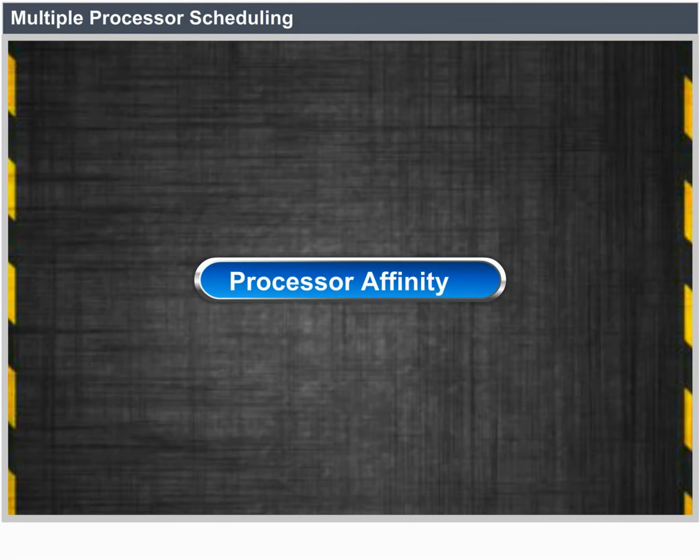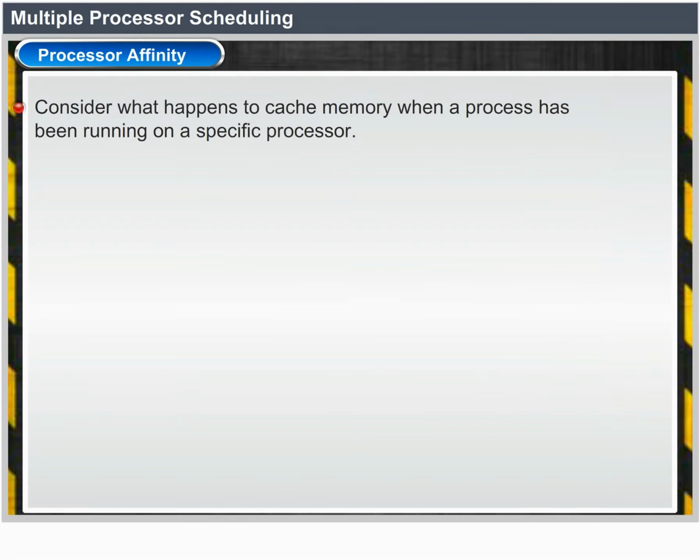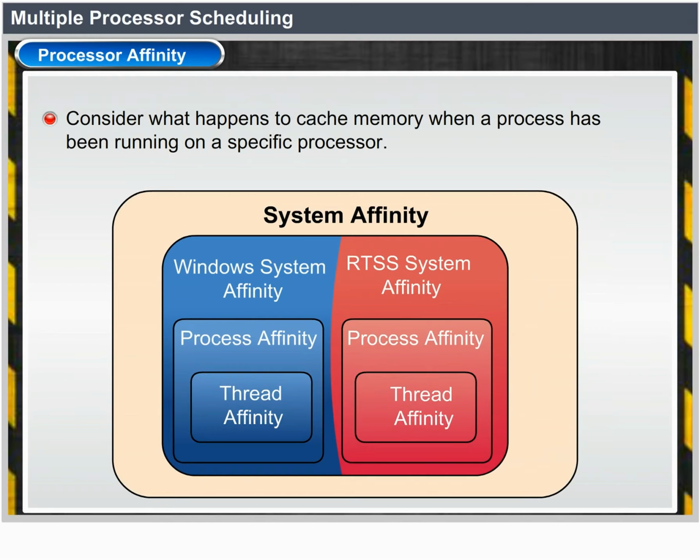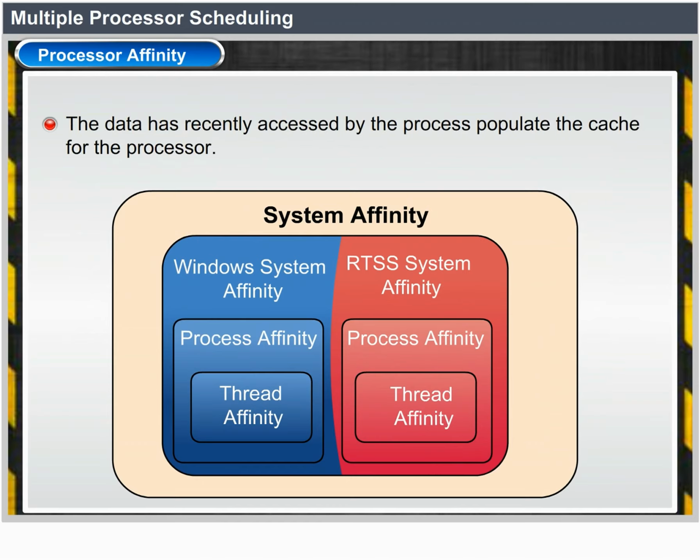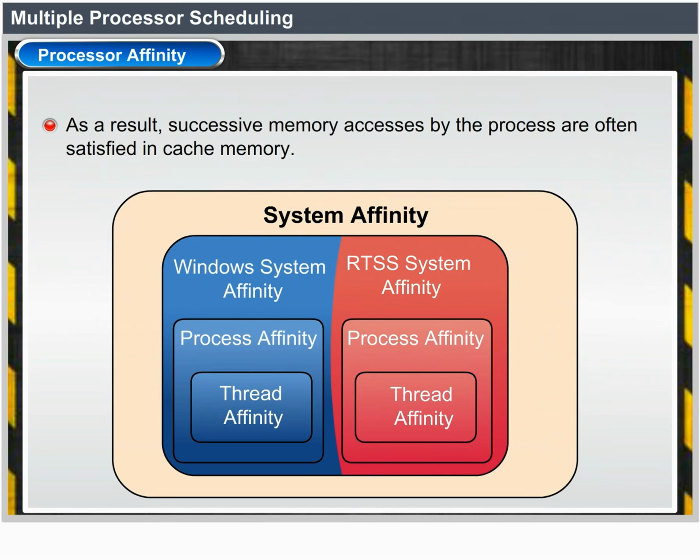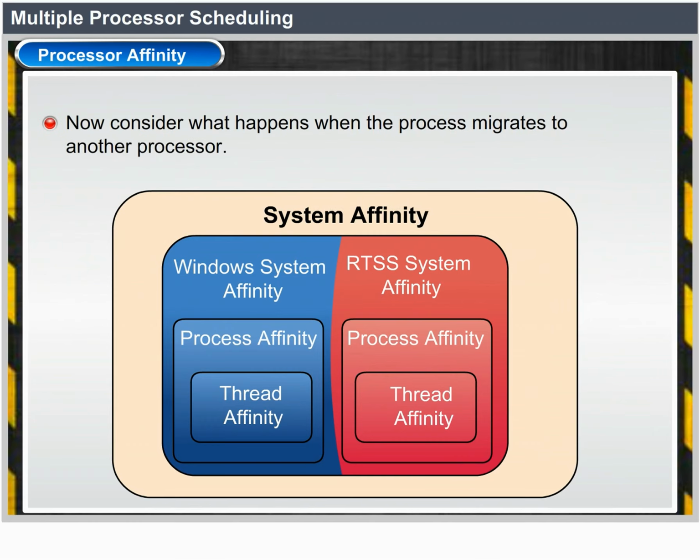Processor Affinity. Consider what happens to cache memory when a process has been running on a specific processor. The data most recently accessed by the process populate the cache for the processor. As a result, successive memory accesses by the process are often satisfied in cache memory. Now consider what happens if the process migrates to another processor.